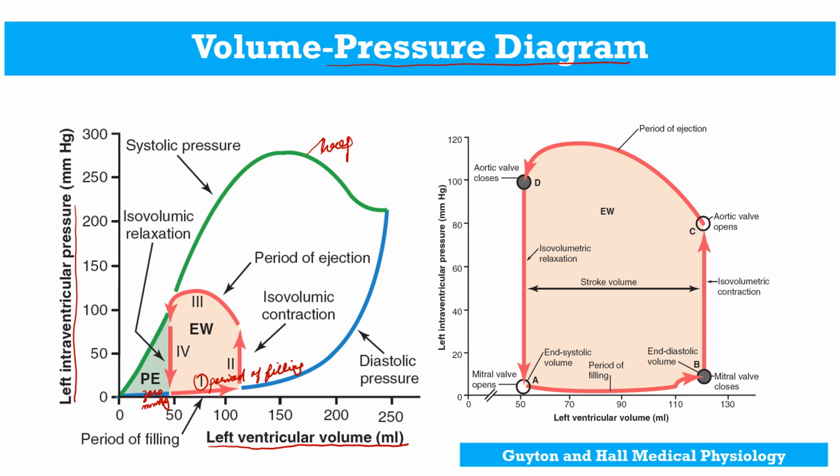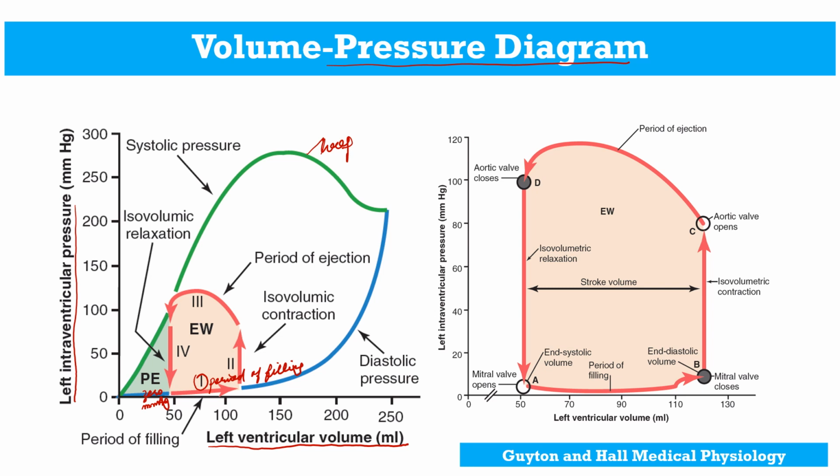So during this phase, this 40 to 50 milliliters is the amount of blood that remains in the ventricles after the previous ventricular contraction and is called the end systolic volume.